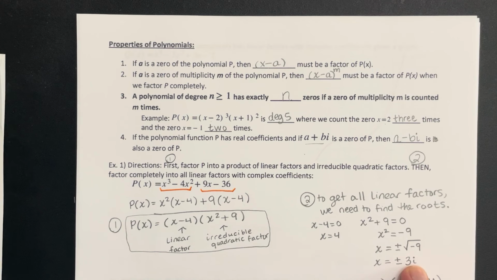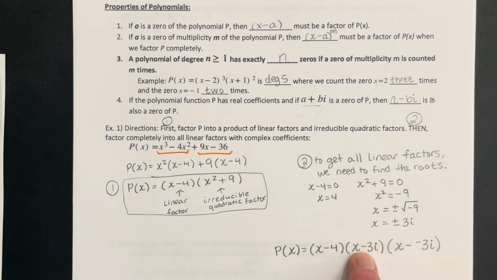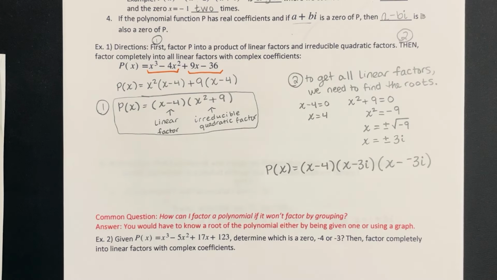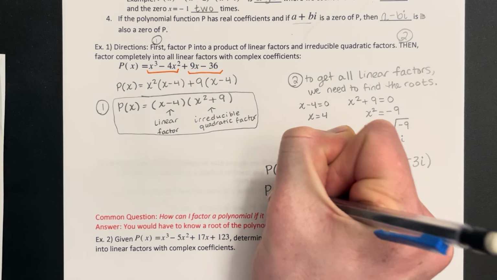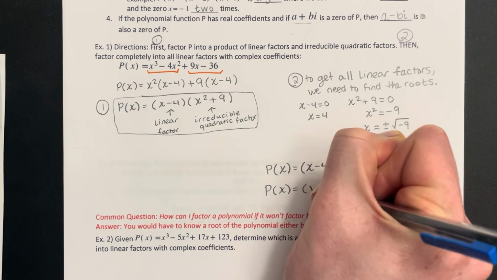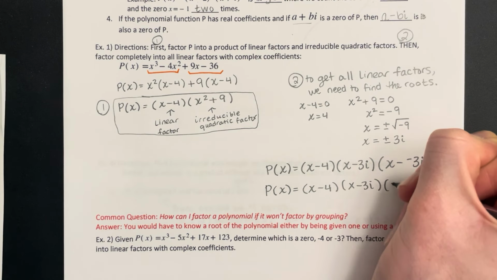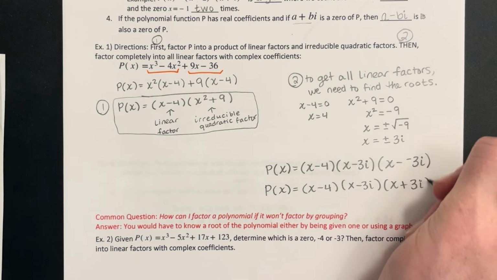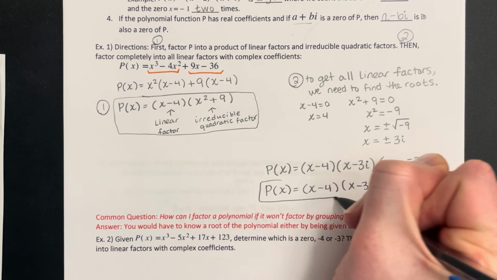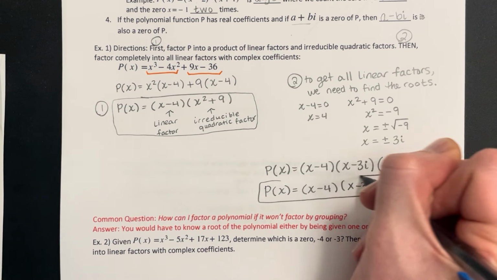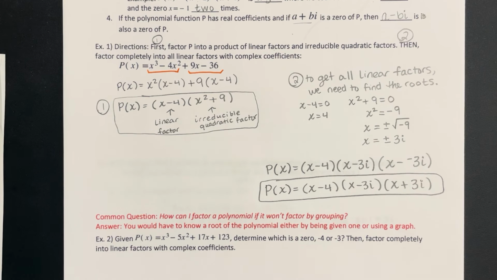So if 3i is a zero, then x minus 3i is a factor. If negative 3i is a zero, then x minus negative 3i is a factor. Now we wouldn't typically leave it that way because x minus a negative seems weird, but x minus 4 times x minus 3i times x plus 3i is a product of linear factors, and they have complex coefficients. We would call this root form of that polynomial.